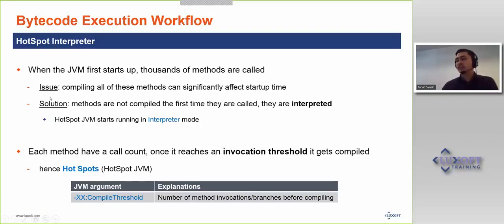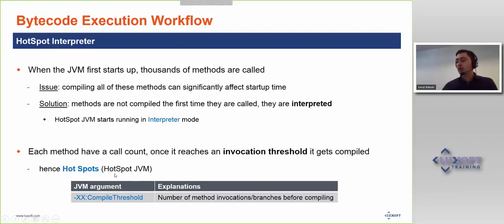And it doesn't make sense to compile all these methods because it takes time and maybe only a few of them are really used. The thing is that only the methods that are intensively used, frequently used, and only those that reach an invocation threshold, become hotspots and are compiled.